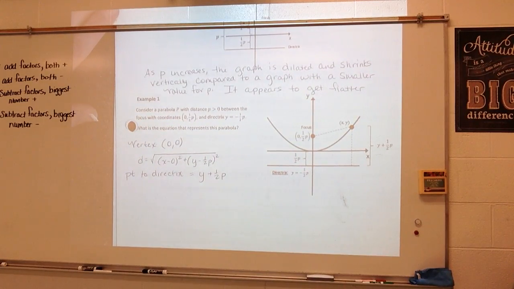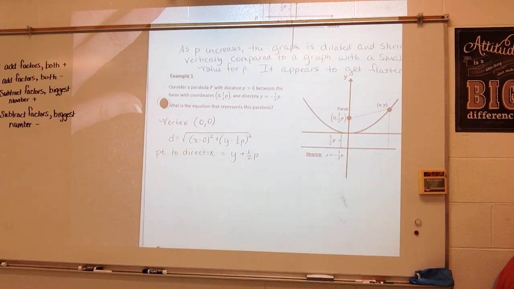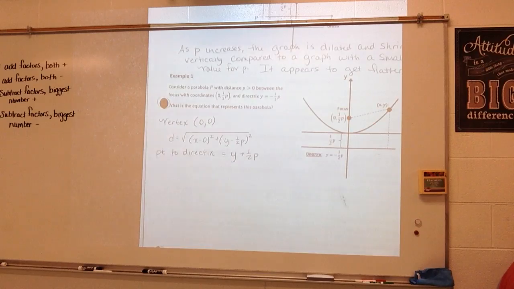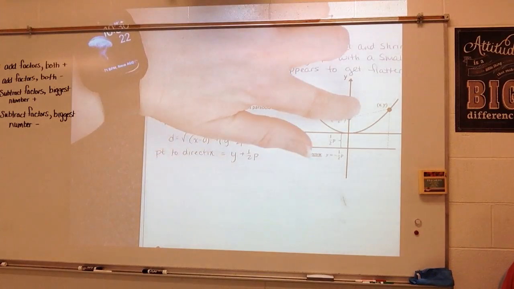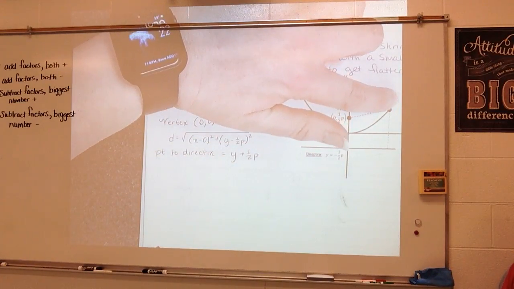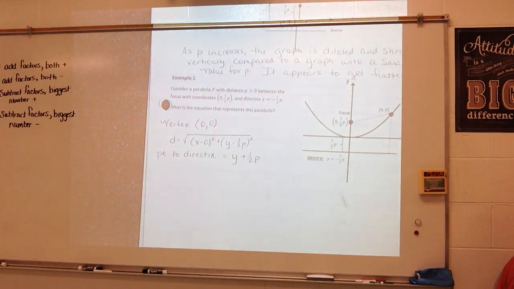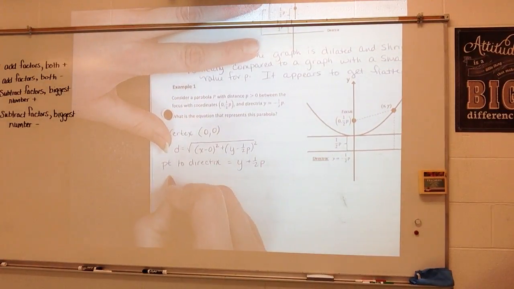By the definition of the parabola, we're going to do what with these? Well, remember we found that with a parabola, the distance between the focus and our point is equal to the distance from our point to our directrix. So now we're going to set those equal.